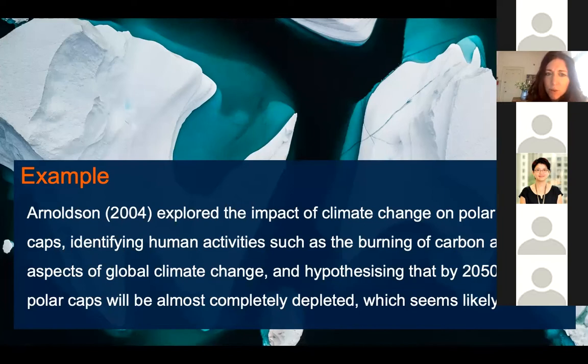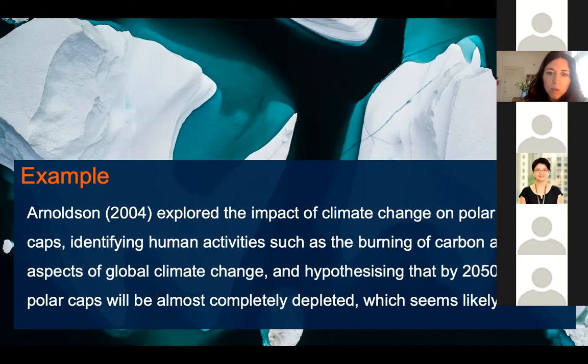Arnoldson, 2004, explored the impact of climate change on polar ice caps, identifying human activities such as the burning of carbon as key aspects of global climate change, and hypothesizing that by 2050, the polar caps will be almost completely depleted, which seems likely. You can see by reading that aloud, it's way, way too long. I just about managed that in one breath. I don't know how, but it's too long and cumbersome. This could actually be quite easily divided up.